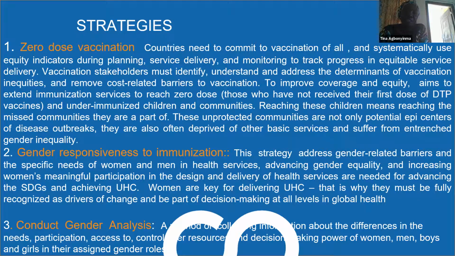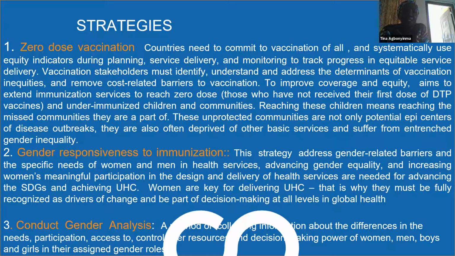To improve coverage and equity, we aim to extend immunization services to reach zero-dose children, those who have not received the first dose of DTP vaccines, and under-immunized children and communities. Reaching these children means reaching the missed communities they are a part of.